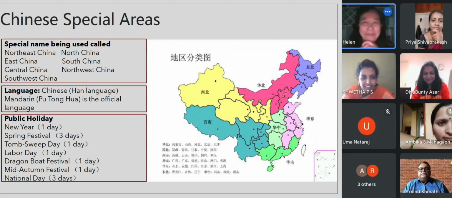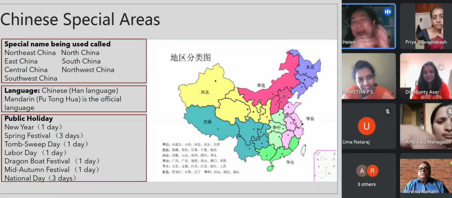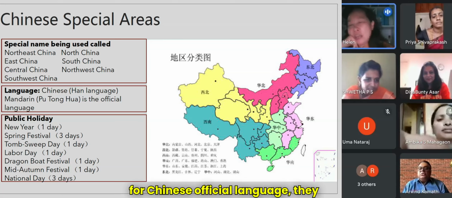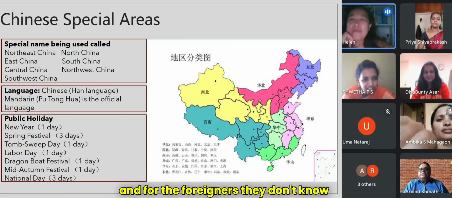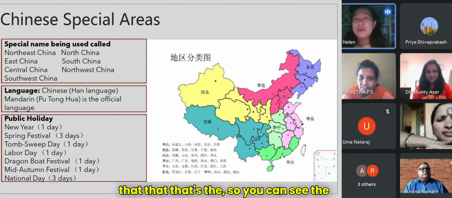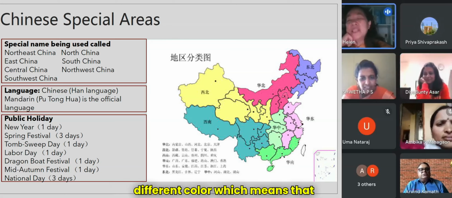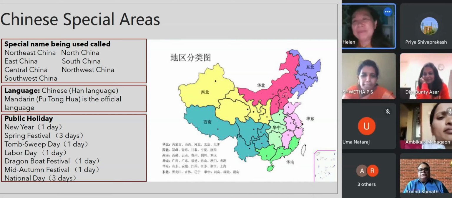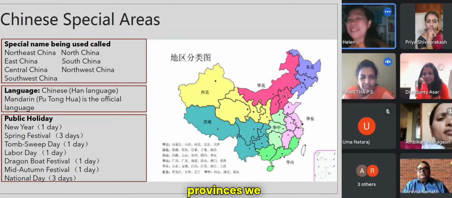Okay, the next. For this page, I really want to show you some information because Chinese official language always mentions some special names, and foreigners don't know why. You can see the map with different colors, which means different parts of China. This area includes 3 provinces.